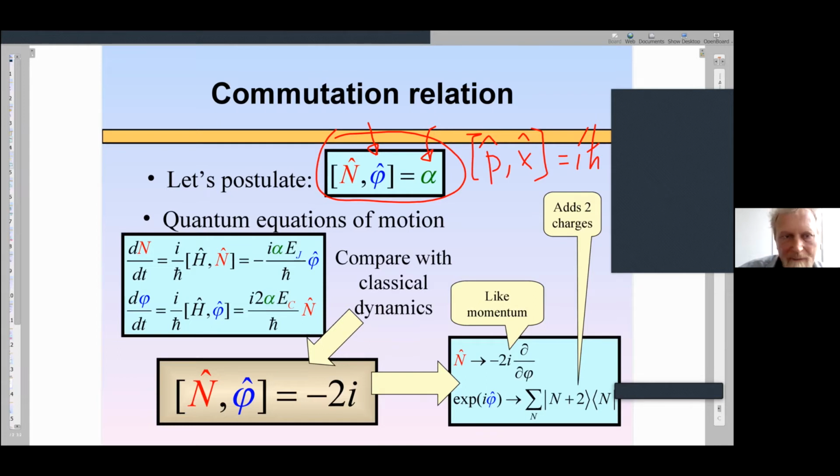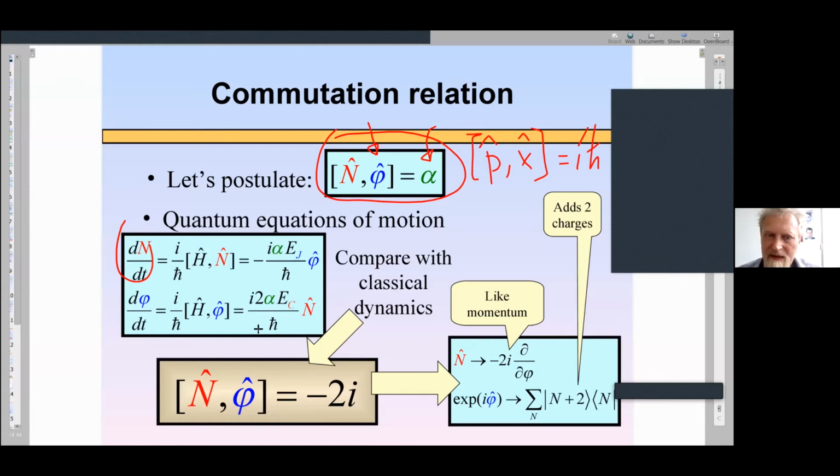Quantum equations of the usual value: I compute the commutator with the corresponding operator, the Hamiltonian. It's the Heisenberg equation of motion, universal for all quantum mechanical systems. With the help of this, you can do commutations.